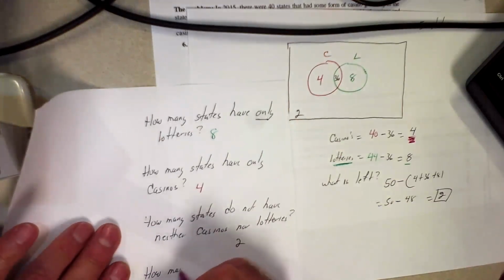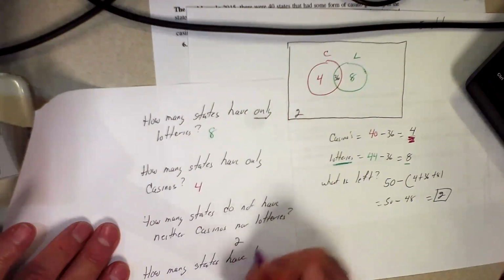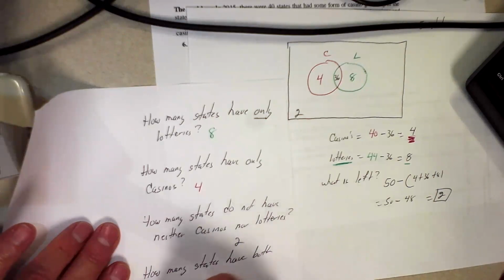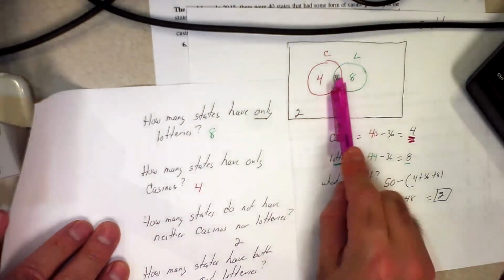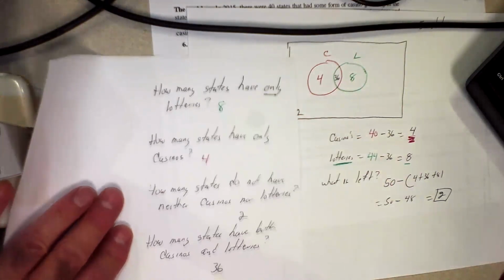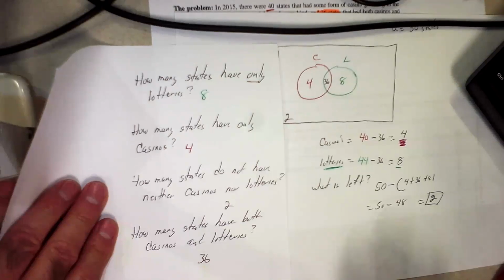How many states have both casinos and lotteries? That would be where they intersect at 36. There you go. And that, my friends, is section 6.3.